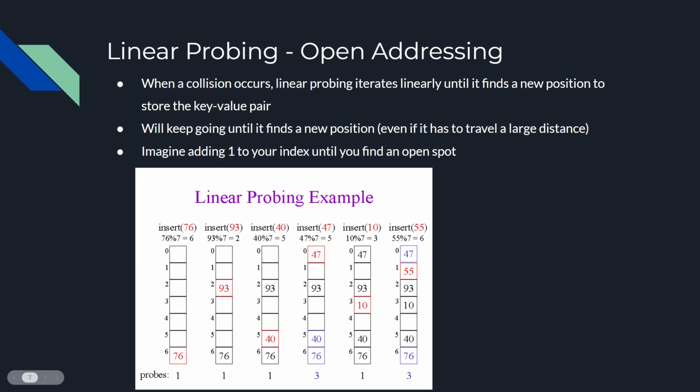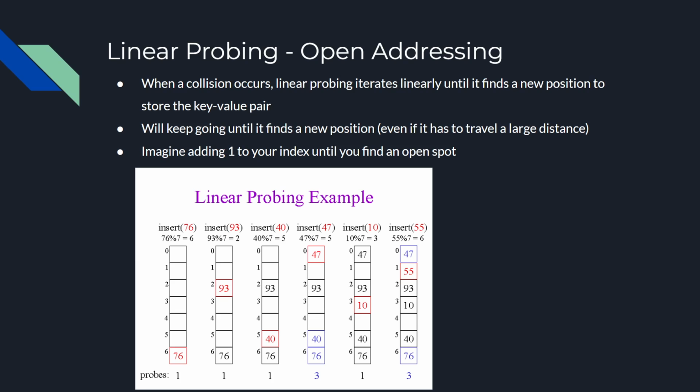Linear probing is the most basic type of open addressing. This just means that when a collision occurs and you map two different keys to the same value, you go forward until you find a new position. For example, when you try to insert 47 here, which is the fourth insert, and you collide with another value, which is 40, you keep going.